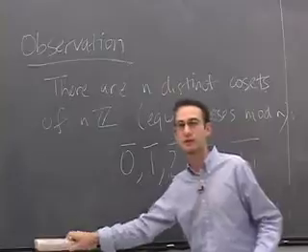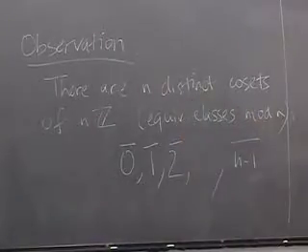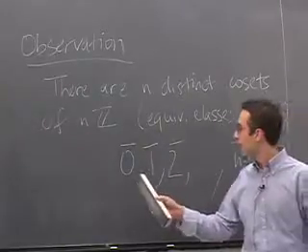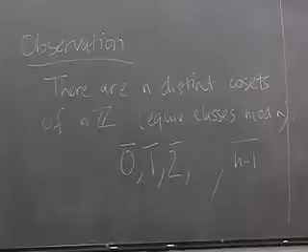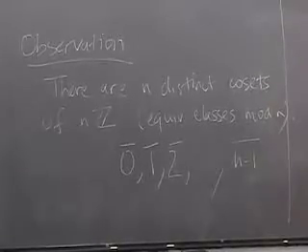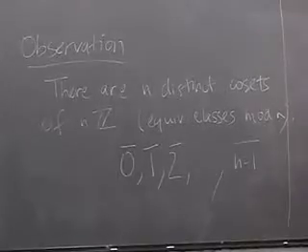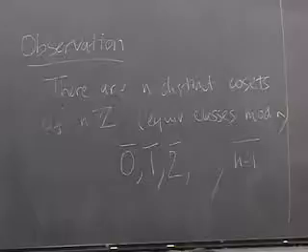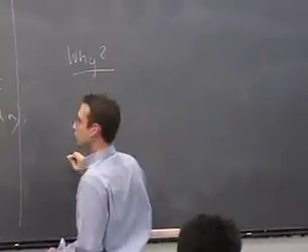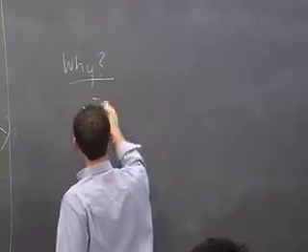Why is this? Can anybody give me a quick proof at least that every coset or every equivalence class is of this form? Go ahead. Exactly. So this is a matter of taking advantage of the division algorithm. Why? Well, at least in one part, it's the division algorithm.